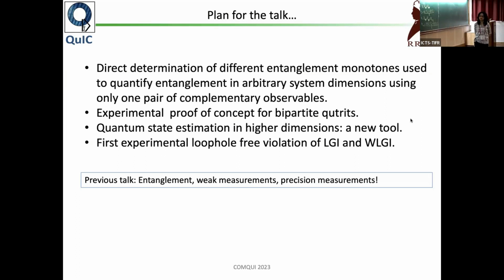It's called quantum state interferography. And finally, a couple of minutes on experimental loophole-free violation of the Leggett-Garg inequality and the WLGI, which is the Wigner form. And the previous talk talked about entanglement, weak measurements, precision measurements, and that is exactly the theme of these 3 topics. So there is synergy, even if it's with photons, right?